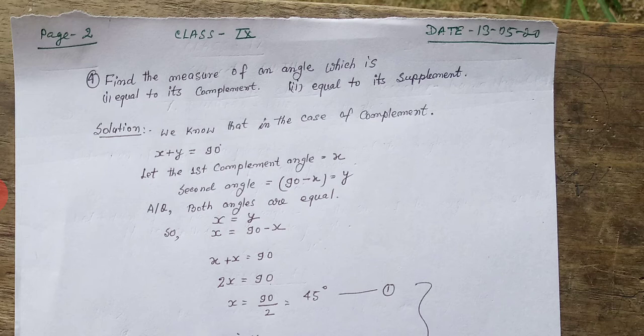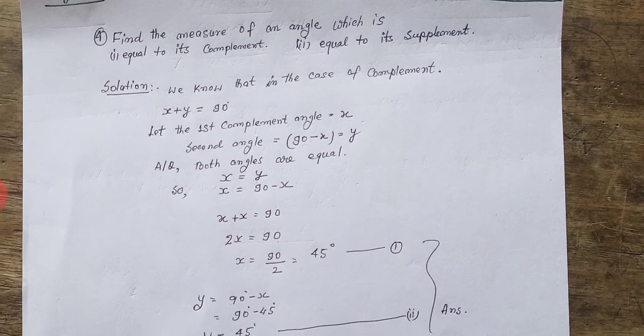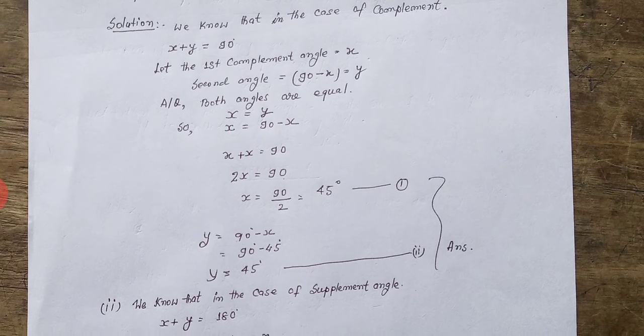Taking the minus x, with a plus sign, to the other side of the equal sign, and here on adding x plus x we get 2x is equal to 90 degree, and then x is equal to 90 by 2, where we get 45 degree. y is equal to 90 degree minus x.